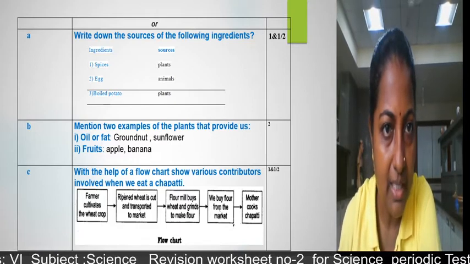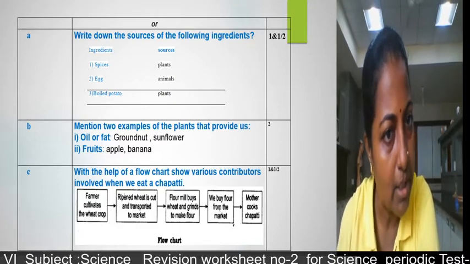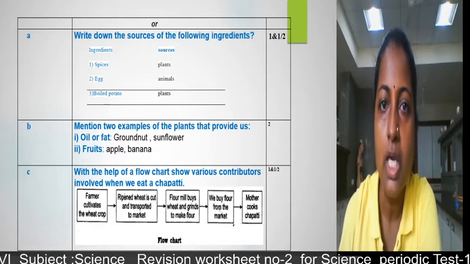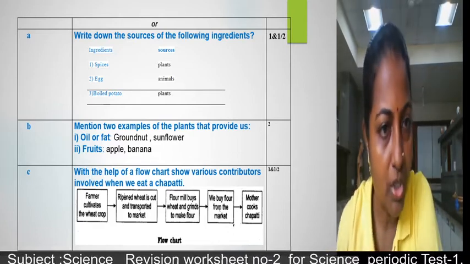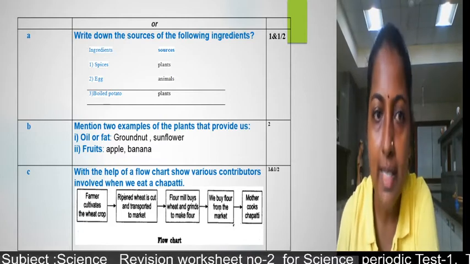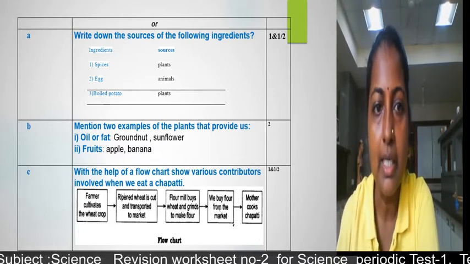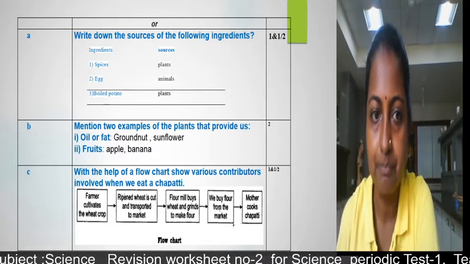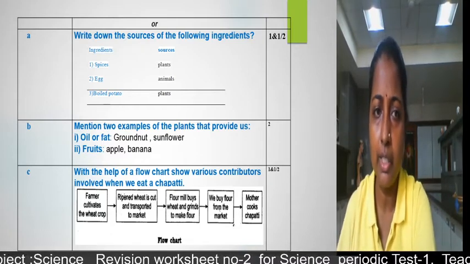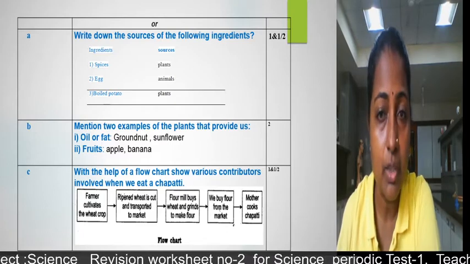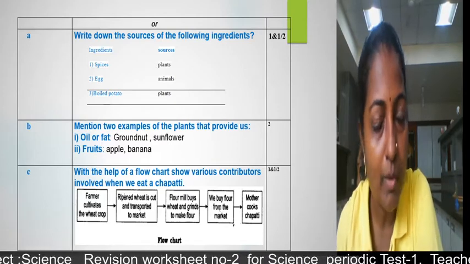If you write spices, plant source, egg, animal source and boiled potato, plant source, you will get 1.5 mark. B question, mention 2 examples of plants that provide us oil and fat, that is groundnut and sunflower. And fruit, apple, banana, anything related to that, but the answer should be correct. So you will get 2 marks for that.